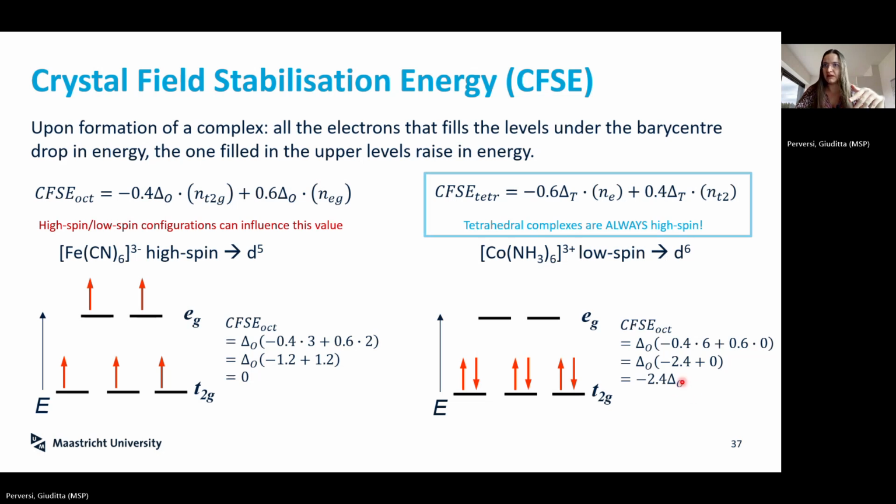The delta O will be different in the two complexes because the metals are different, though they have the same oxidation state and are in the same period, so there might not be that much difference in terms of the influence of the metal. The ligand is different. We don't know yet what the effect of the ligand is, but we know that the ligand is going to make a difference.